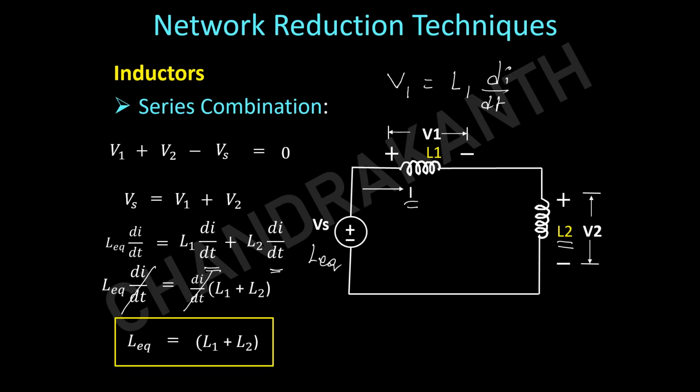Now this equation is the same as the resistors equation. When the resistors are connected in series, we have used the formula R equivalent equal to R1 plus R2. In a similar way, if the inductors are connected in series, you will do the same: you will just add the inductance values L1 plus L2. Now the general case.